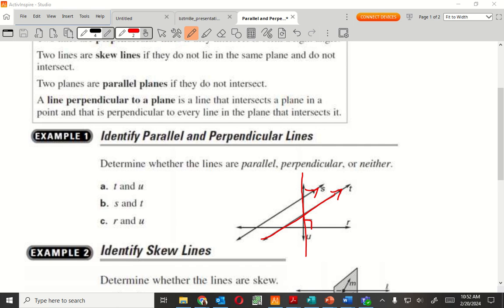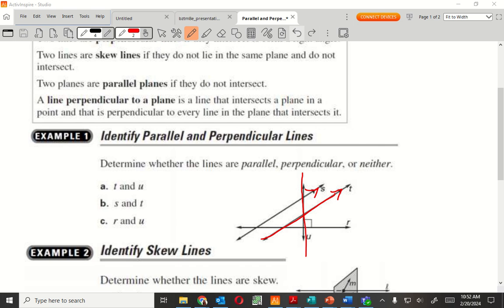That box is a 90-degree angle. That tells me that the two lines that touch there are going to be right angles. But the ones I have here, do those connect at a right angle? No, they don't. So I only have 3 options. Is it parallel, perpendicular, or neither?